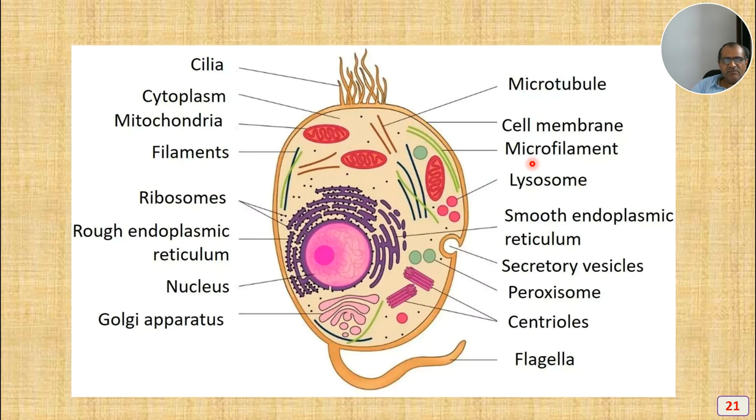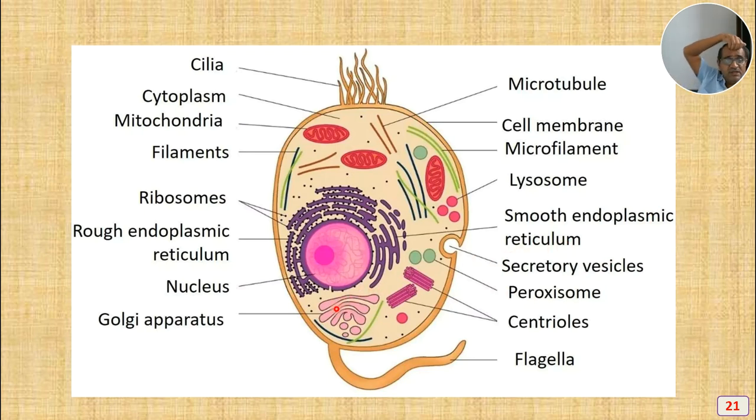Whereas the microfilaments are the green stained substances which are very much required for cell synthesis and division, and the lysosomes contain enzymes required for the lysis of the same cells or other cells. And there are the smooth endoplasmic reticulum, or SER, and the rough endoplasmic reticulum.